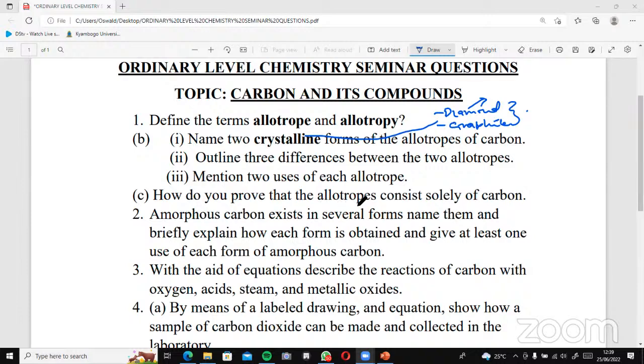How do you prove that the allotropes consist solely of carbon? So how did you prove this? What do we do? How do you prove that the allotropes consist solely of carbon?